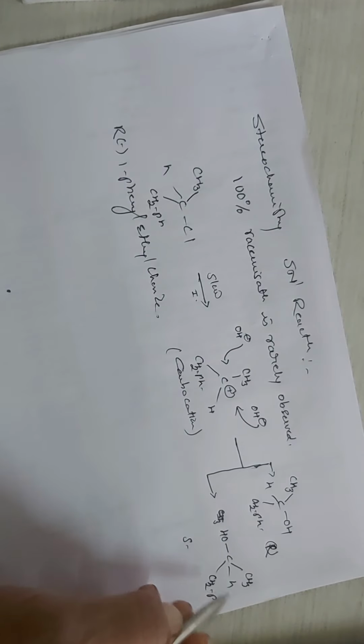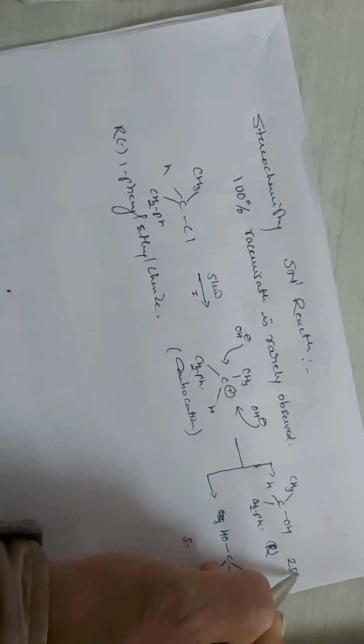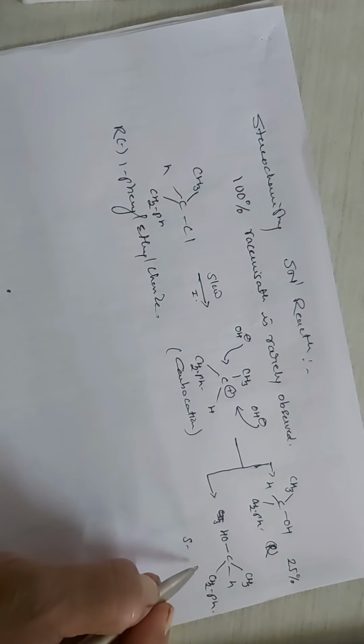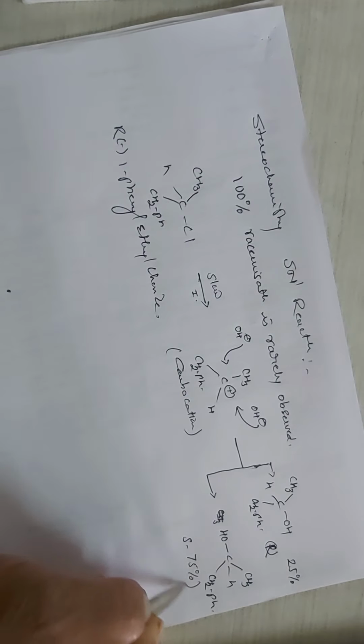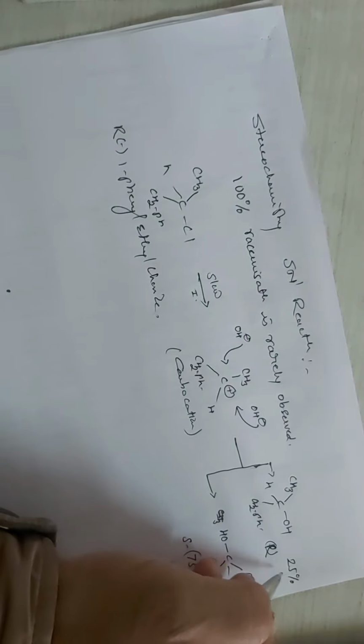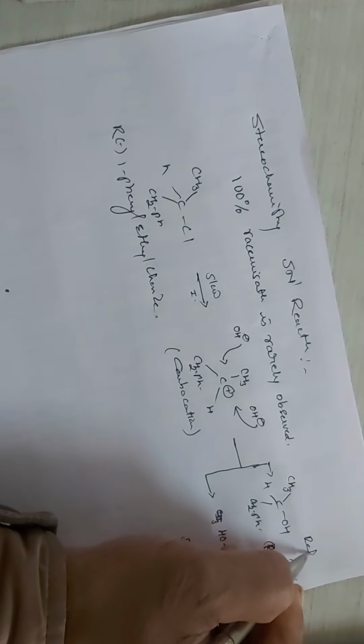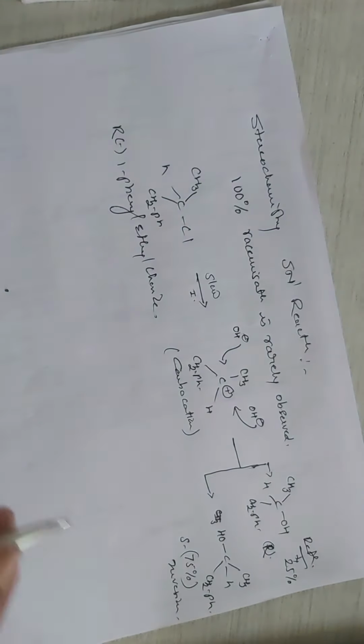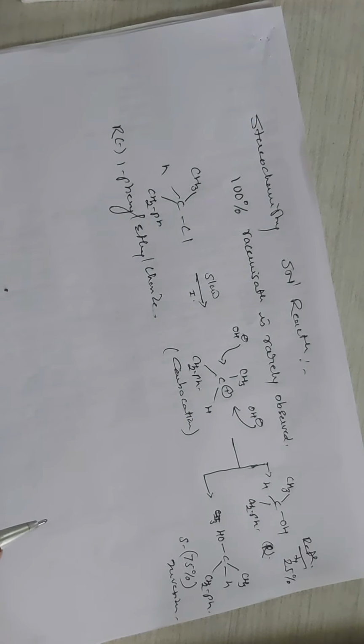The retention obtained is just 25% and the inversion obtained is 75%. That means 100% racemic mixture is not obtained in any SN1 reaction.